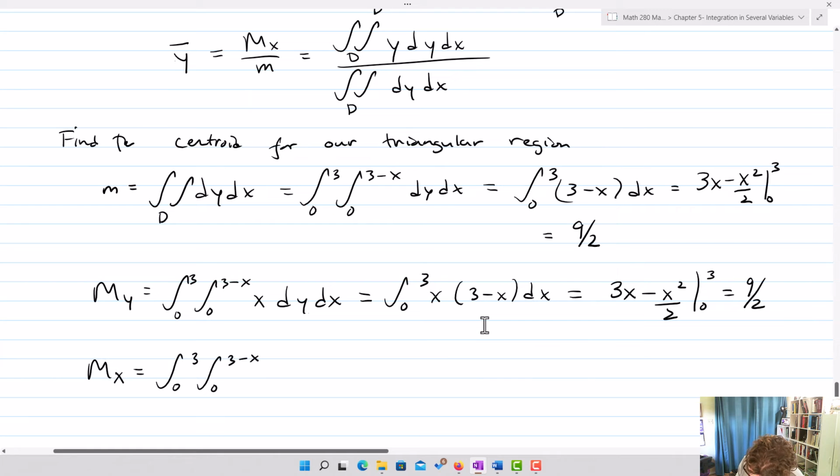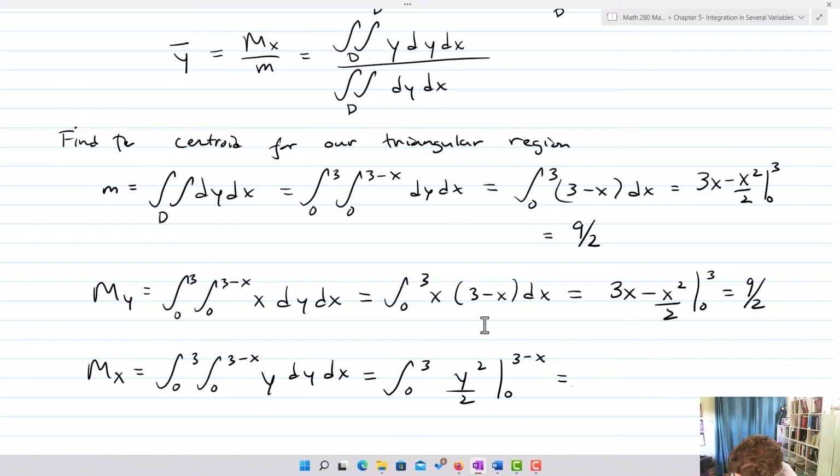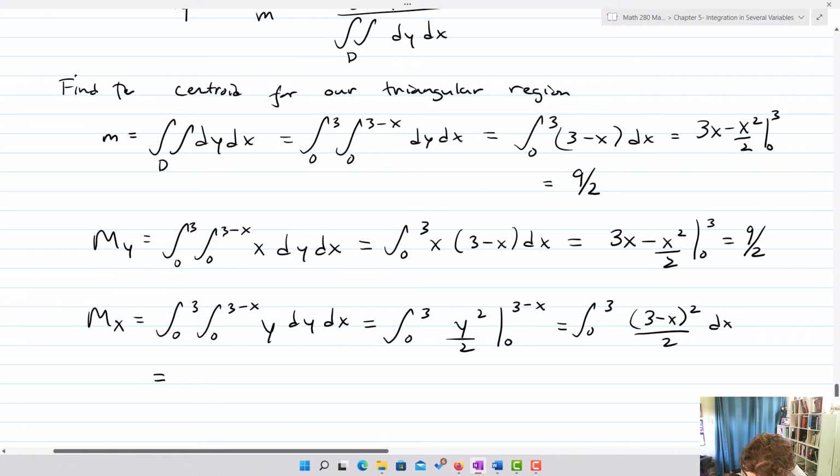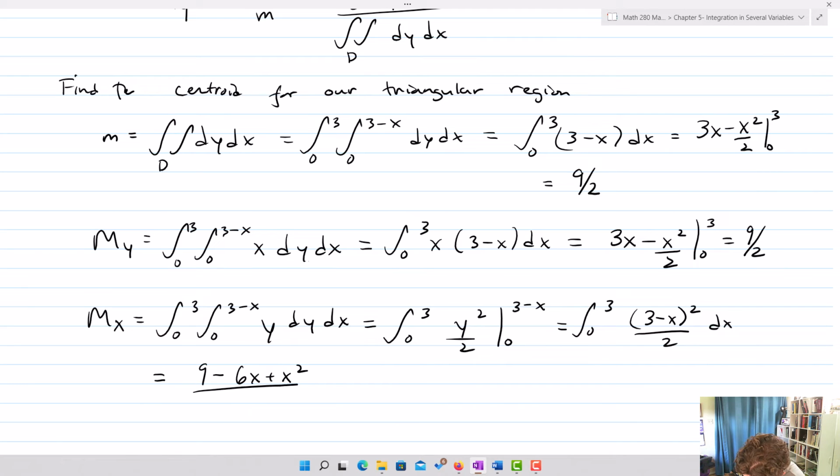And then we'll find Mx, which equals the integral from 0 to 3, the integral from 0 to 3 minus x, of y dy dx. That equals the integral from 0 to 3, and we get y squared over 2 evaluated from 0 to 3 minus x, which equals the integral from 0 to 3 of 3 minus x squared over 2 dx, which equals the integral from 0 to 3 of 9 minus 6x plus x squared divided by 2.